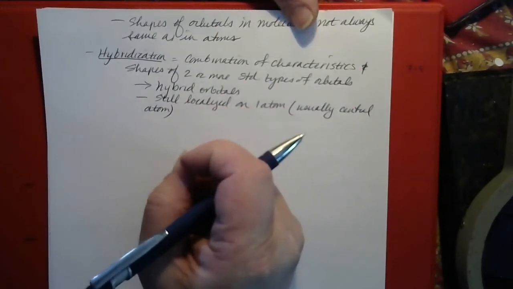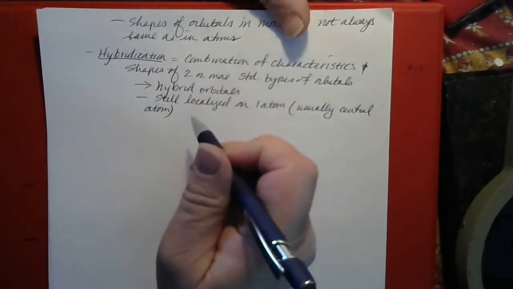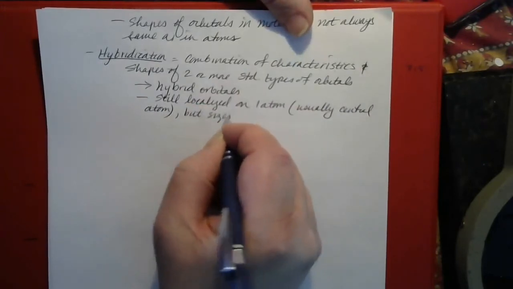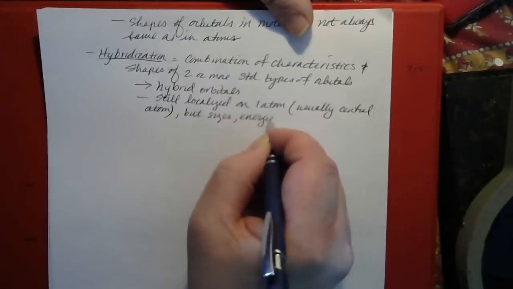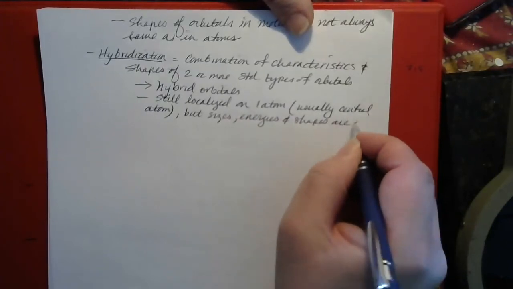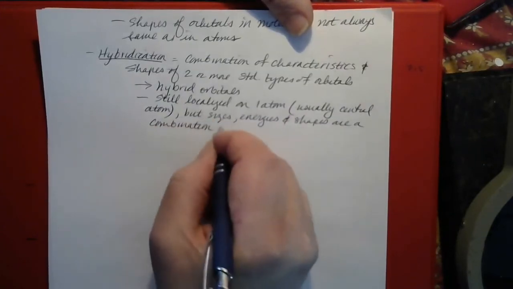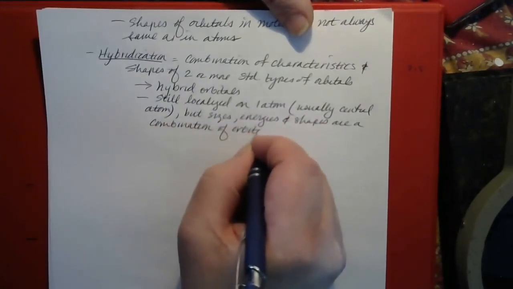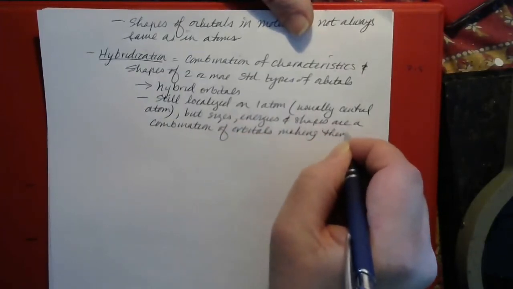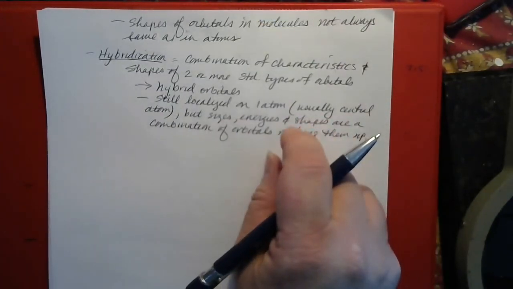But the energies and sizes and shapes are a combination of those of the orbitals from which they are derived. Okay, so the orbitals making them up.